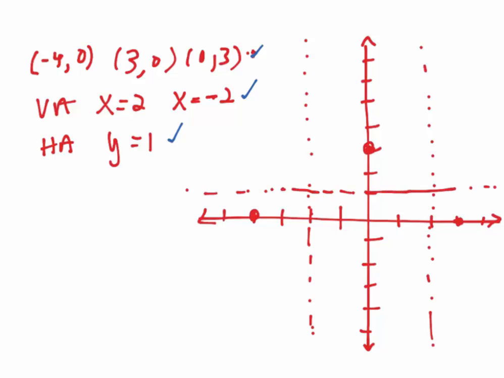Okay. Now if you need to plot a couple others, we're going to start in this lower left-hand corner. You know you have a point right here. If you need to, you could plot a couple other ones, but as you go towards negative infinity, you're always going to tend towards the horizontal asymptote. And then obviously as you go to the right, you're going towards that vertical asymptote by the same logic.